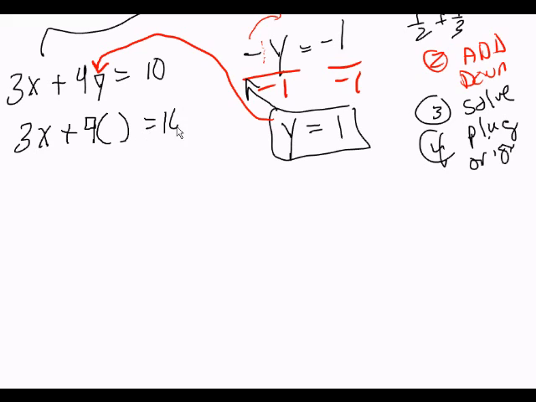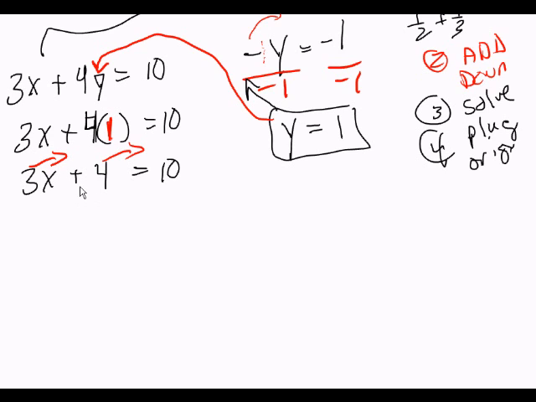Yeah, in step 4, it doesn't matter which one you pick of the original. So we have 3 times x plus 4 times y equals 10, and y is 1. So I have 3x plus 4 times 1 is 4 equals 10.